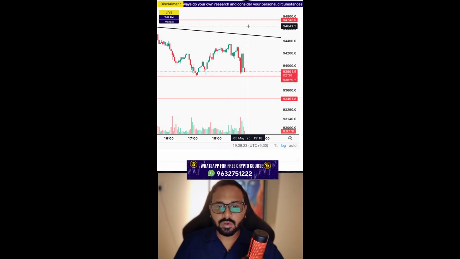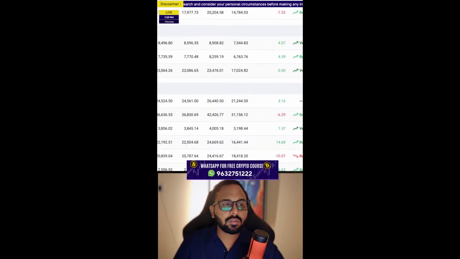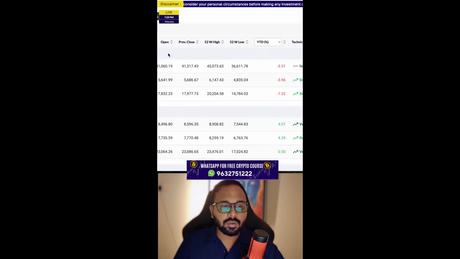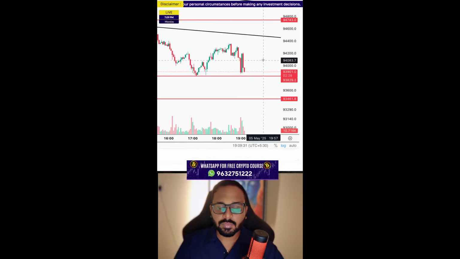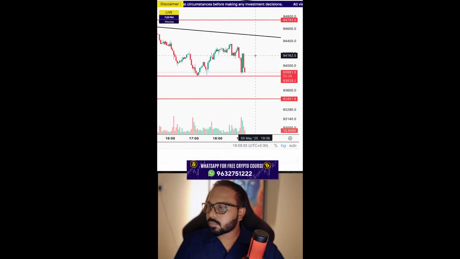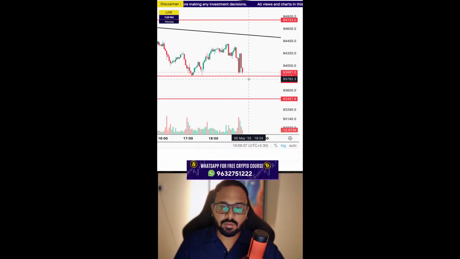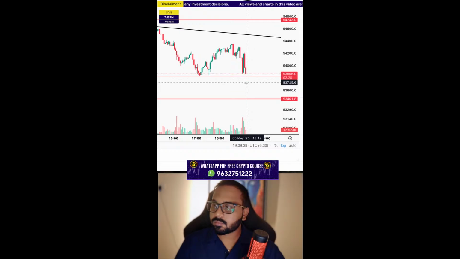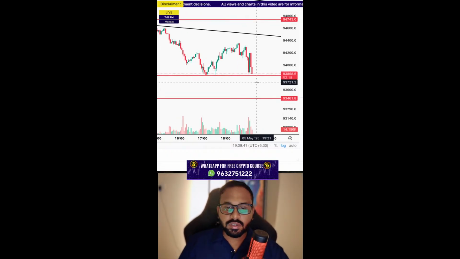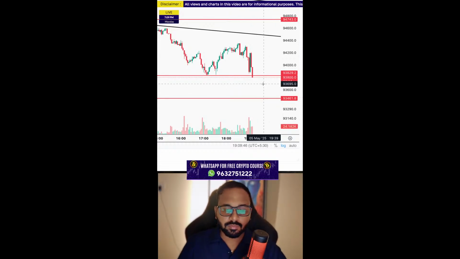The trend line also did not give a breakout or correction, anything as such. Global market, 56% bullish. Strong supporting zone.